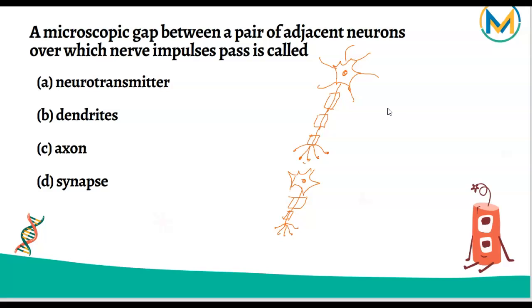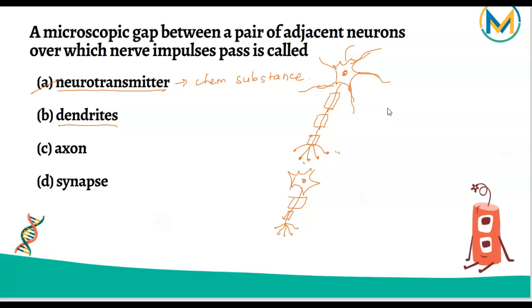So let's see what are not the answers. First one, neurotransmitter. Neurotransmitter is basically a chemical substance which is released at the end of the nerves as soon as it gets an impulse. So that's not our answer here. Dendrites, these are the dendrites.